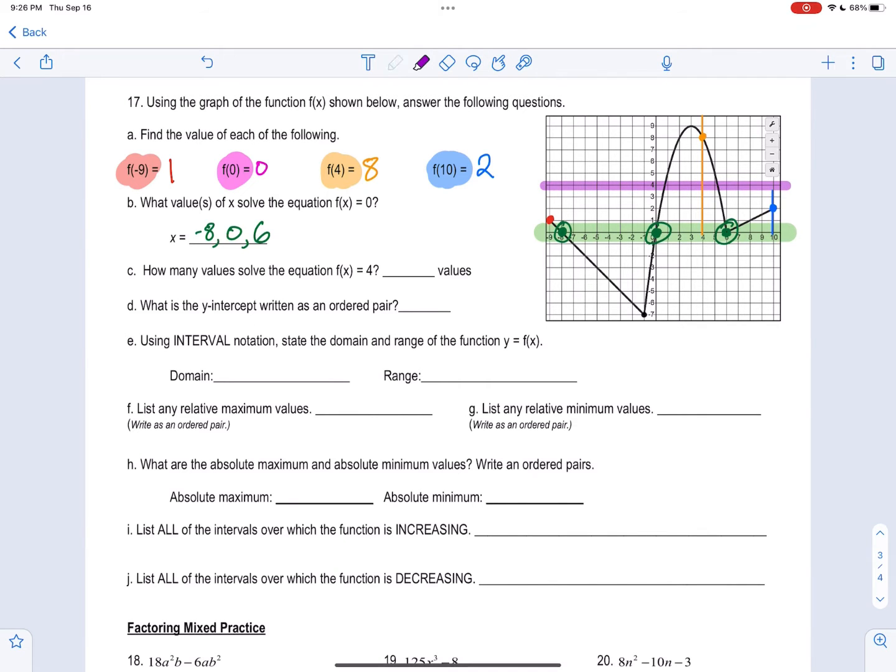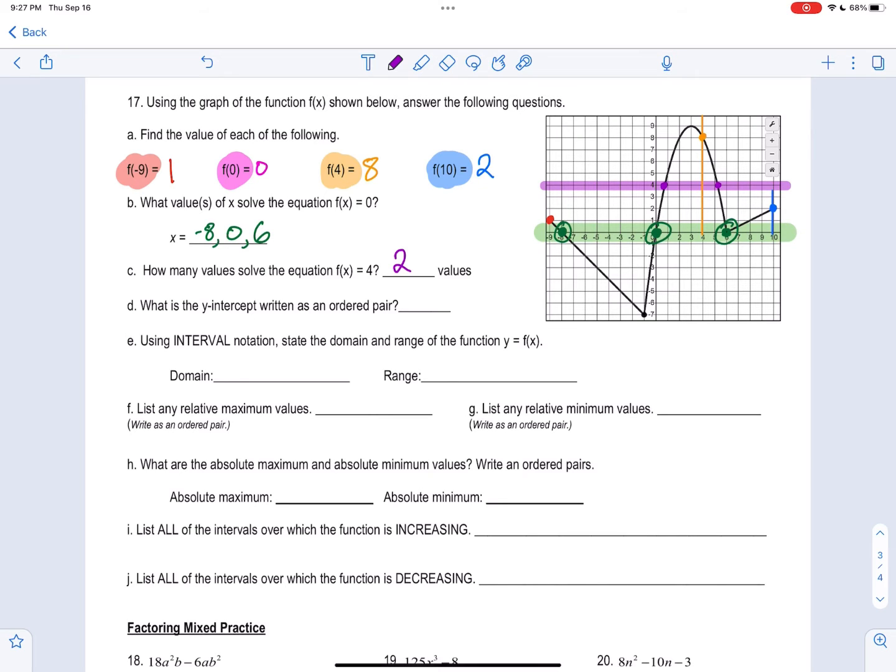And when I do that, I can see that there are 2 points where my graph does in fact cross the line y equals 4. Now those are tough to estimate, so it's a good thing that it just asks for how many values will solve the equation. And if I have 2 points where that horizontal line that we drew intersects our graph, that means that there are only 2 values that would solve the equation.